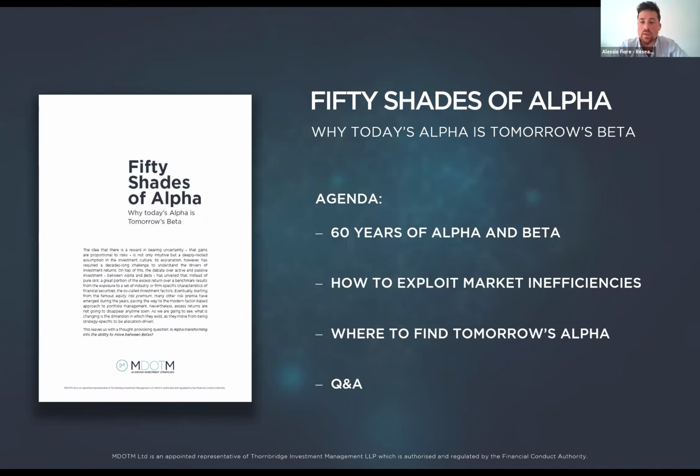We will start with background: what alpha and beta mean, what they have historically meant, and how our understanding of returns dynamics has changed through time. Then we will go deeper and see how we exploit market inefficiencies, what they are, and how they can be embedded into your investment strategies.